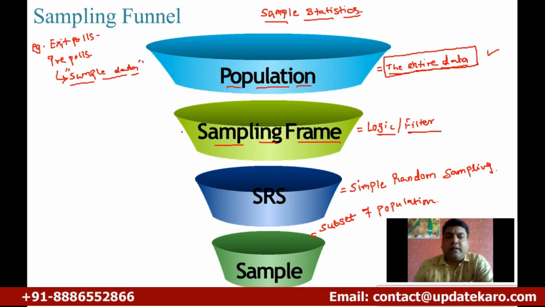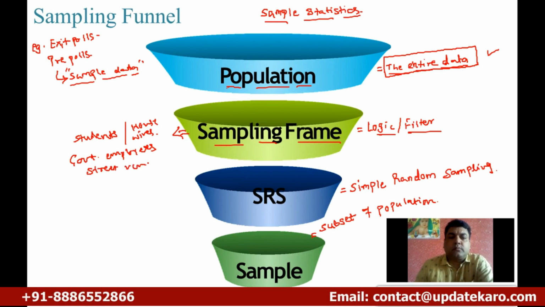So if their sampling frame is, suppose, students or housewives or government employees or street vendors, anything, any sort of that, normally you see they will come up with these categories.